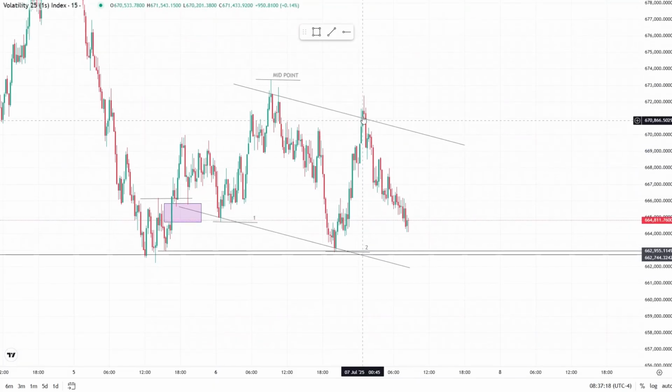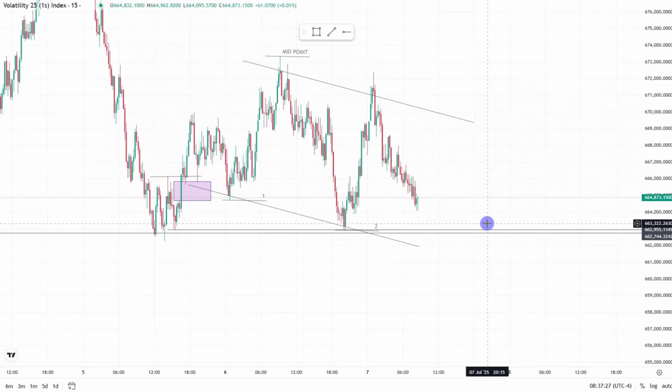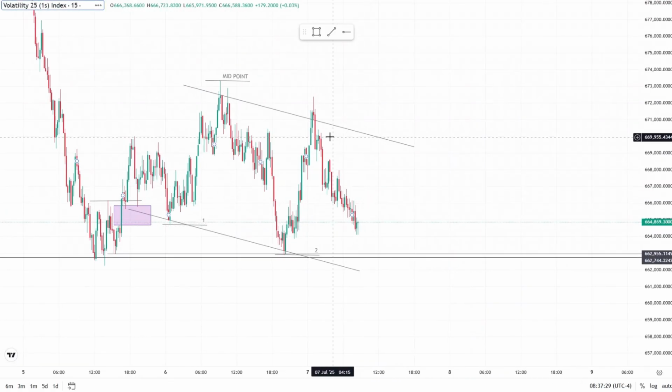We noticed that price slightly broke above this line, but it went down, which is good. It's not a red flag or anything, but we cannot use the 15-minute time frame to get a trade here.